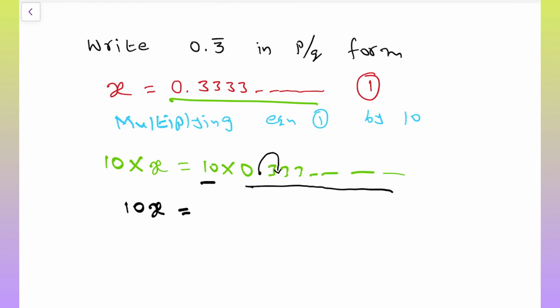If we are multiplying with 1000, the decimal will move 3 digits to the right. So then what will it become now? 3.33333 and so on. Make this equation number 2.